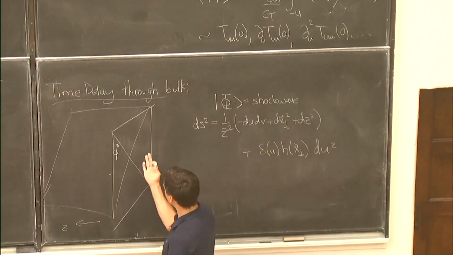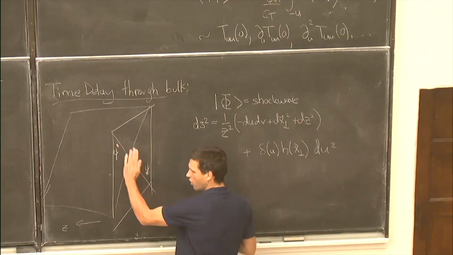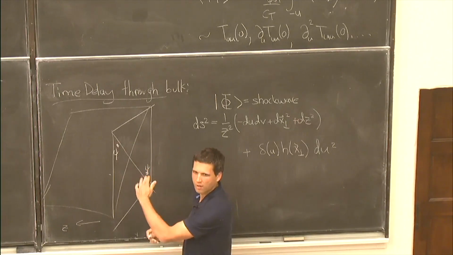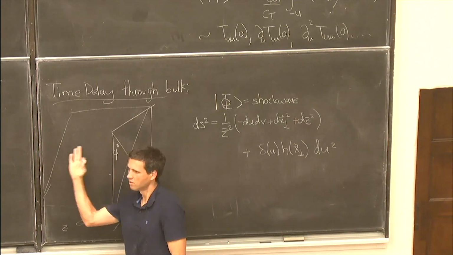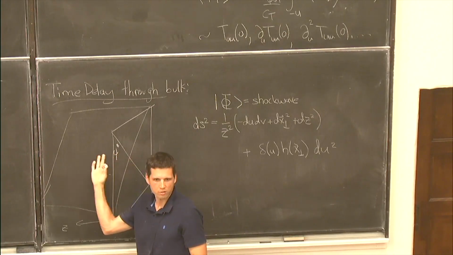So the metric is just empty AdS below the shock wave. It's empty AdS above the shock wave, but there's this delta function metric perturbation on the plane that I've drawn here.